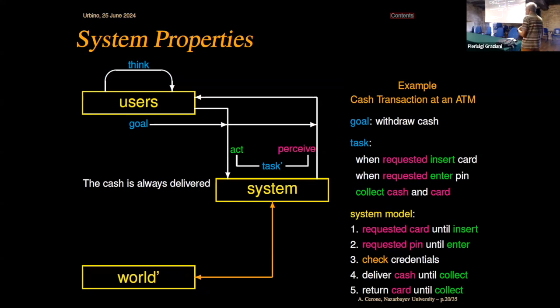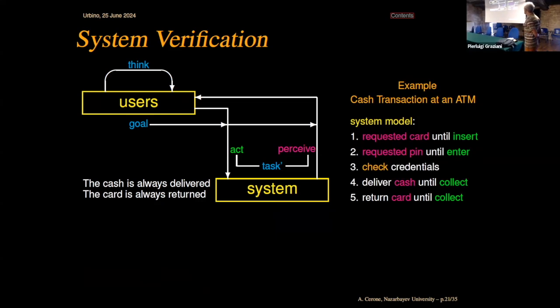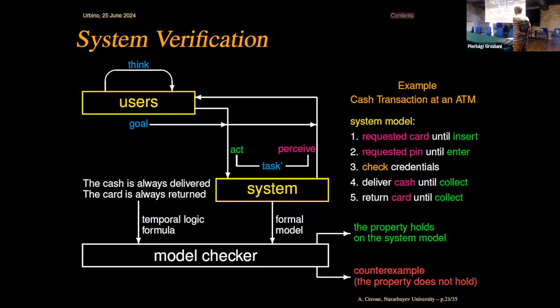You have a system, and you want to verify that the system does what the functional requirement says. Or maybe that the card is always returned. But this doesn't say whether the user actually interacts properly, taking the cash, taking the card. So what system verification does is verify just the system.